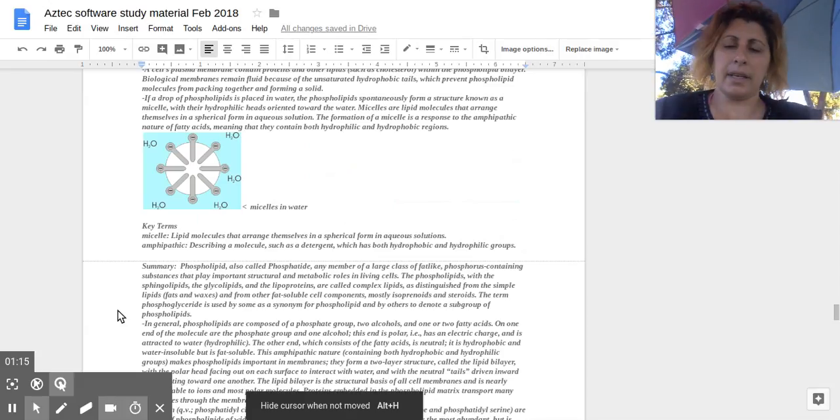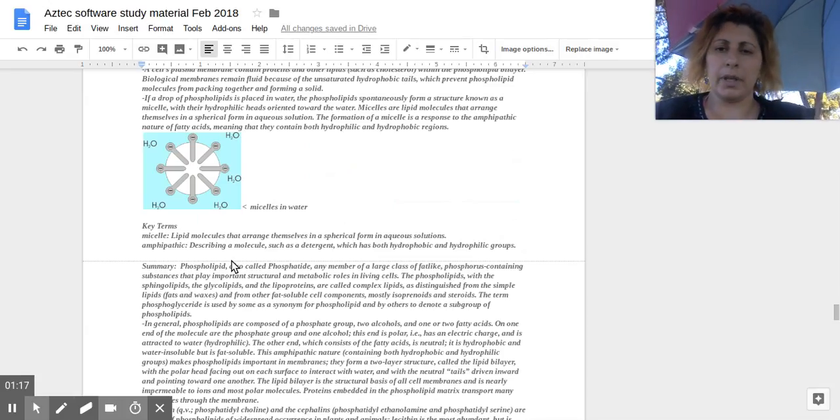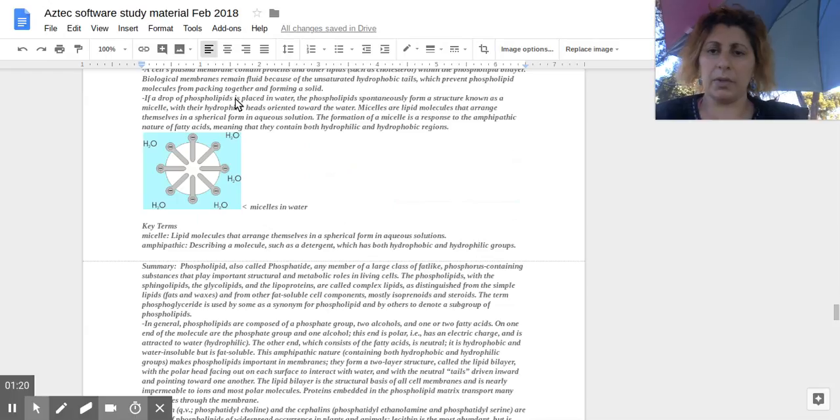Because of the amphipathic or dual polarity of the phospholipid molecule, it naturally takes on a shape called a micelle, which is a round shape with the inner side having the nonpolar attributes attracting one another, and the polar side attracting one another as well.